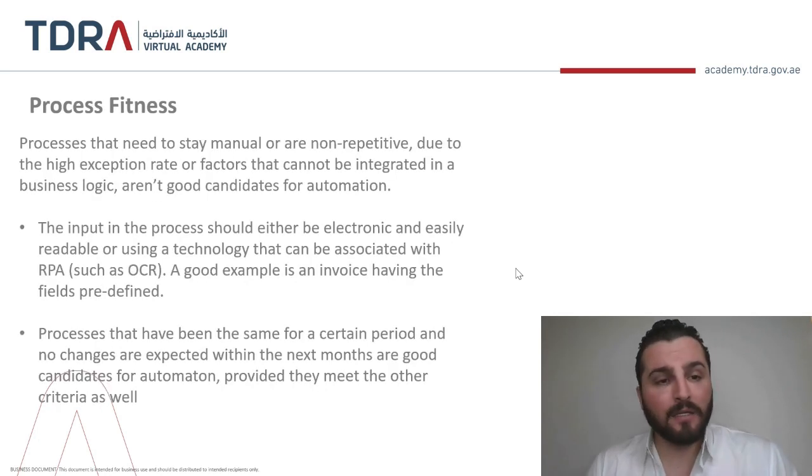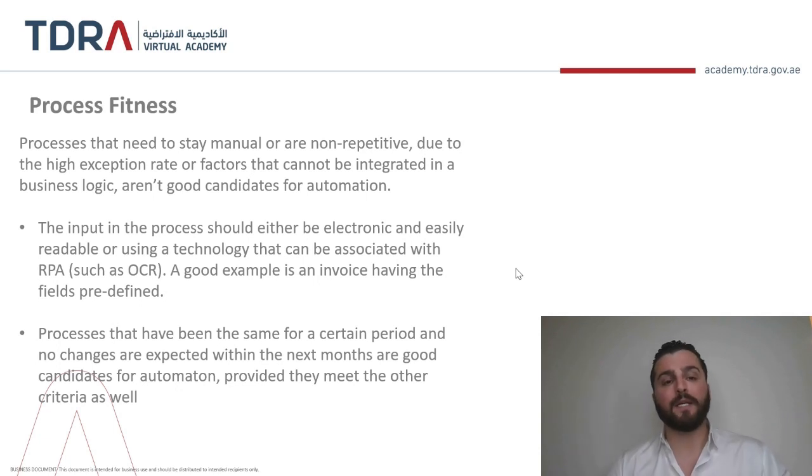Again, the process fitness that needs to always be under the microscope and be transformed, with its logic and repetition, is the manual and repetitive.